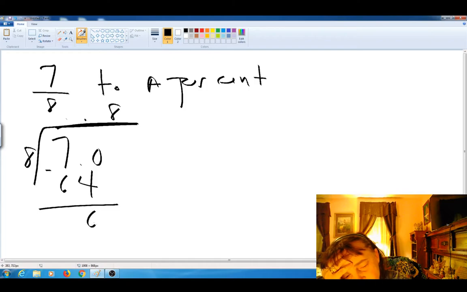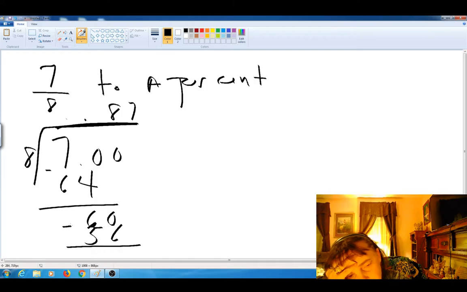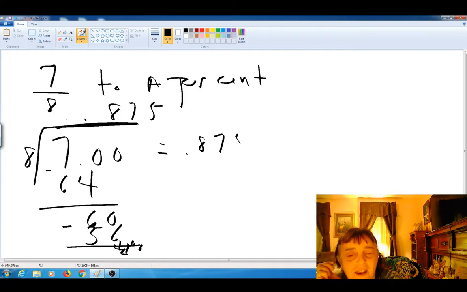You subtract, you get 6. So it's 0.875 if you divide it, which is 87.5%.